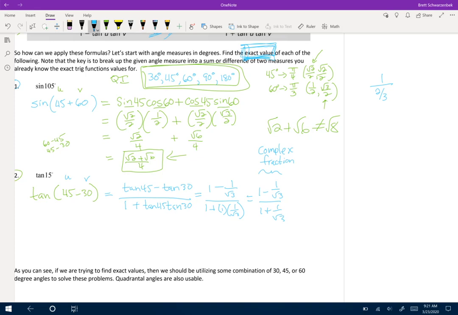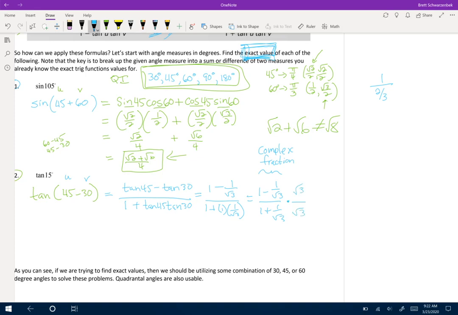So how do you deal with complex fractions? There are a couple ways, but the easiest way to manage them is to multiply top and bottom by the least common denominator of every single fraction in the problem. Well, you can clearly see that the two 1's over on the left side have fractions of 1, so they're not going to come into play. So it looks like radical 3 is the least common denominator. So we're going to multiply top and bottom by root 3.